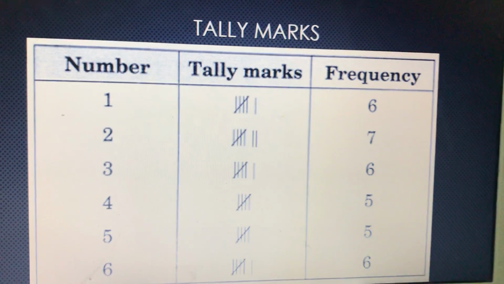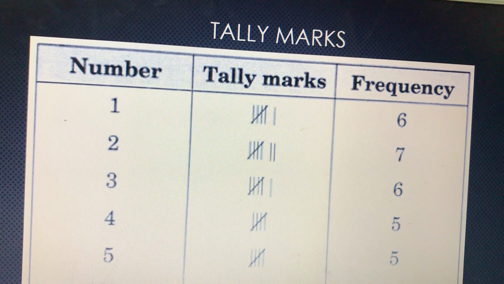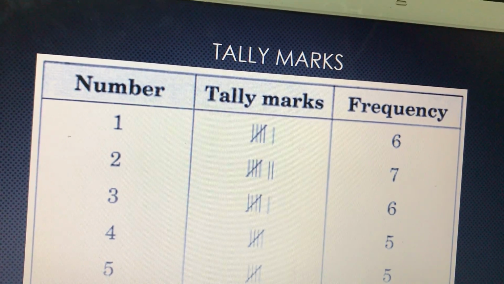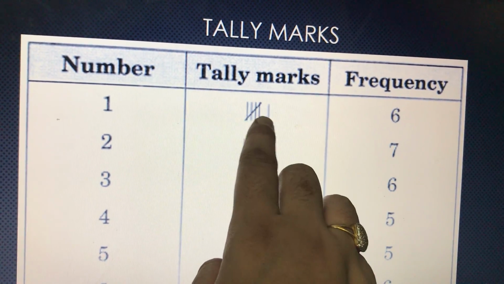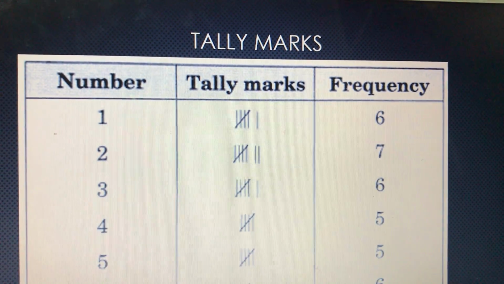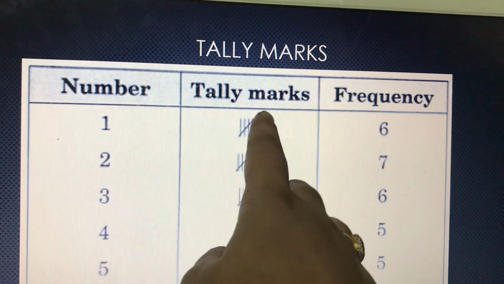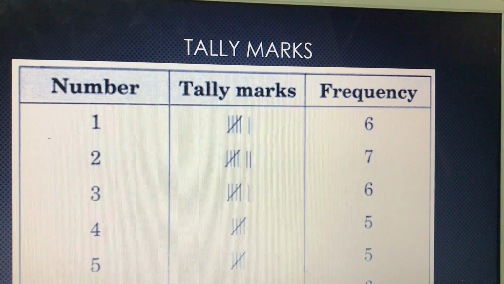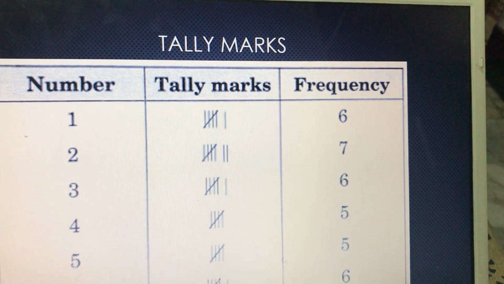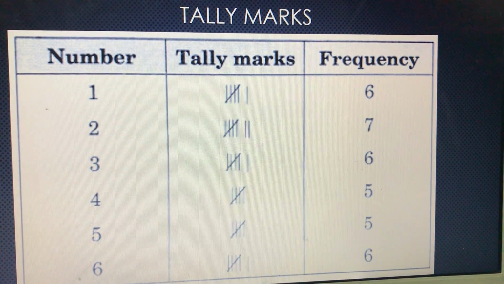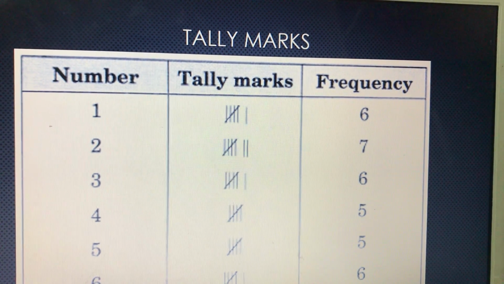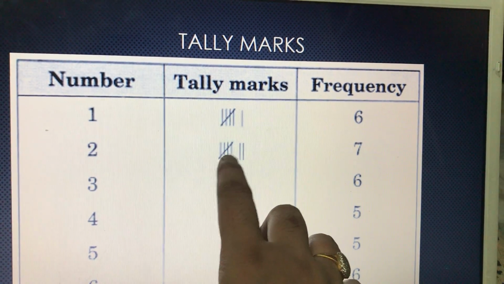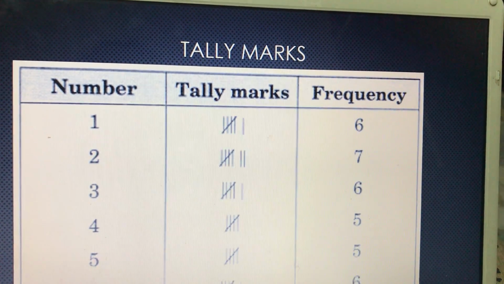Now in the form of tally marks, how will I write it? Firstly the 4 bars, 1 2 3 4, and the fifth bar is written by a diagonal like this. We are cutting the 4 lines, and the sixth line is again a vertical bar. Now number 2 has the frequency 7, so it will be written as 1 2 3 4 5 6 7.